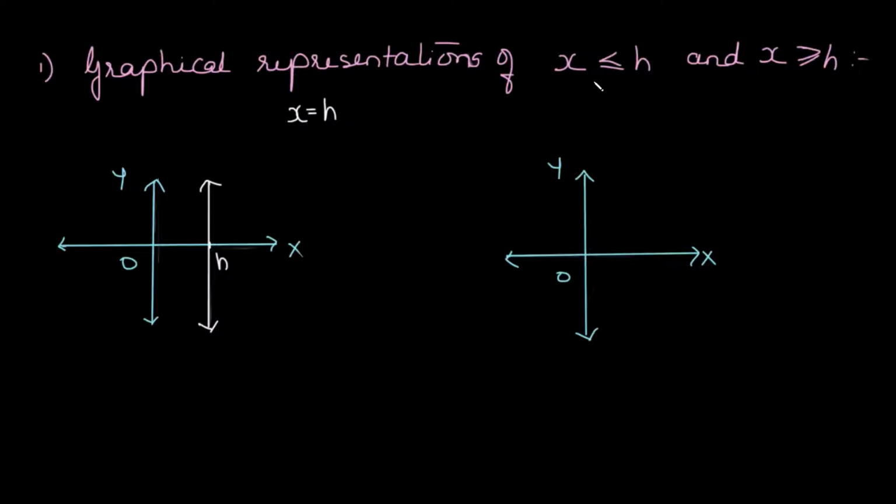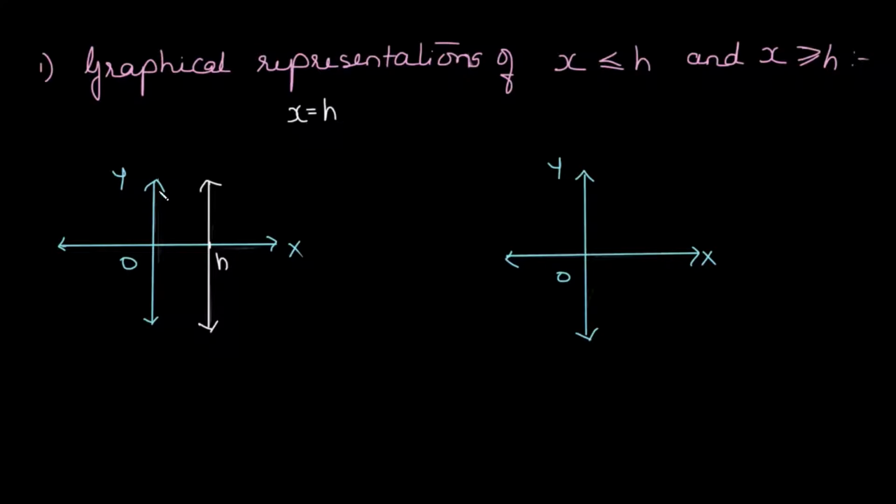And then when you want to find the region corresponding to x less than or equal to h, this is the region on the side of the x-axis which is less than h, that means on the left side of h. It includes all the points which correspond to x less than h.